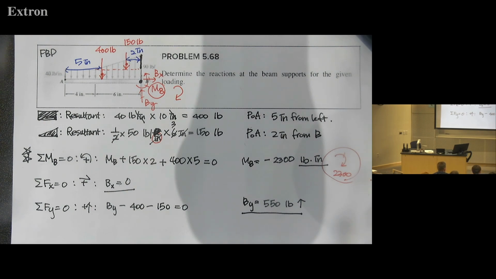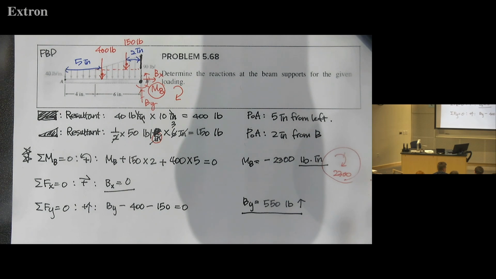Right? If there is only counterclockwise direction, is this structure equilibrium or not? No. We need something to counteract with this loading. And that is the reaction and this support. And if we have counterclockwise moment 2,300 here, what do we need to make this in equilibrium?